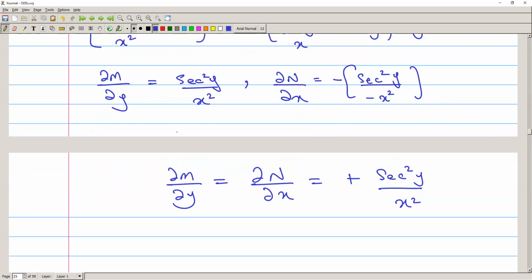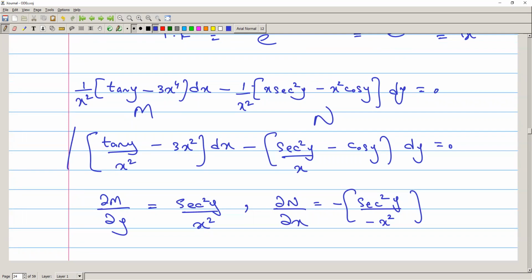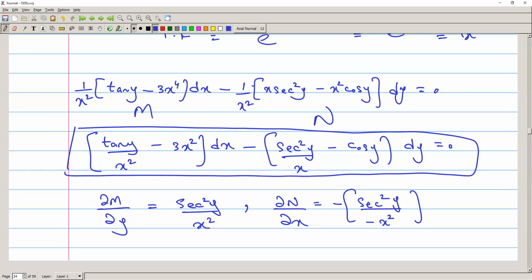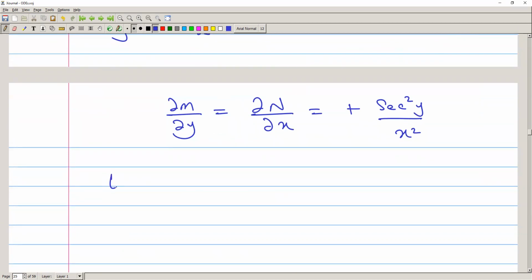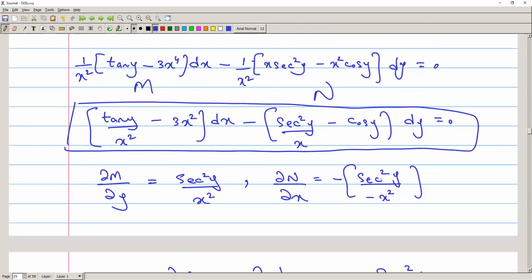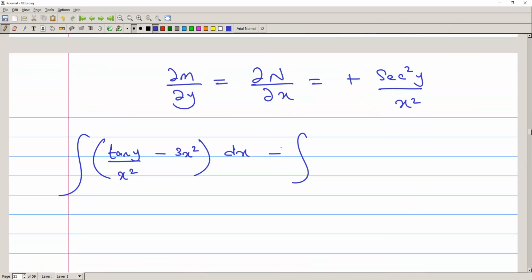We can integrate this equation simply. So this is the integral of tangent y over x squared minus 3x squared dx, then on this side we have the integral of negative sec squared y over x minus cosine y dy.